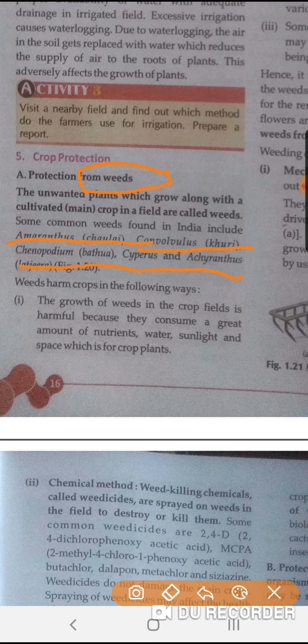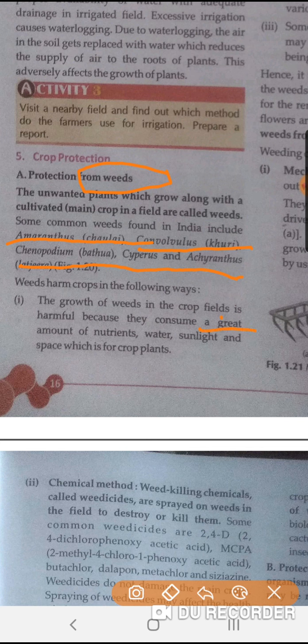Fine. Now, what are the harms from weeds? Weeds से क्या harm होगा? First, the growth of weeds in the crop field is harmful because they consume a great amount of nutrients, water, sunlight and space.